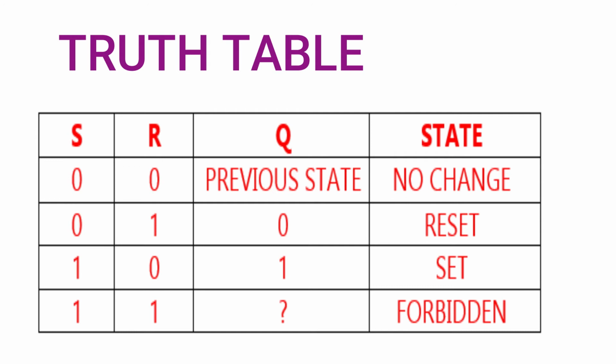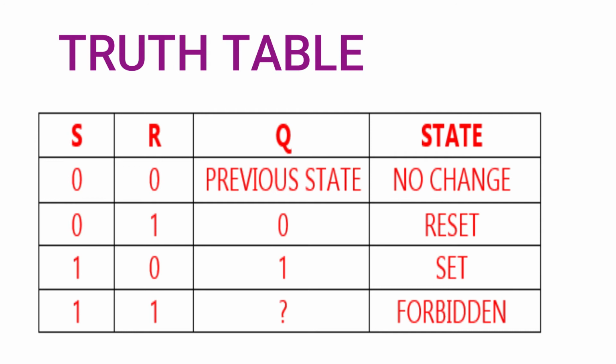When S equal to 1 and R equal to 0, I write it as 1 and it is called a set state. Later, when I change the value to S equal to 0 and R equal to 1, I call the output state a reset state.